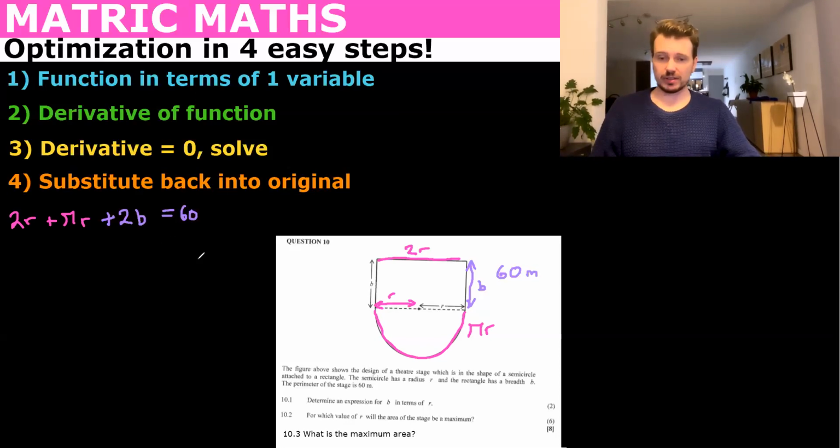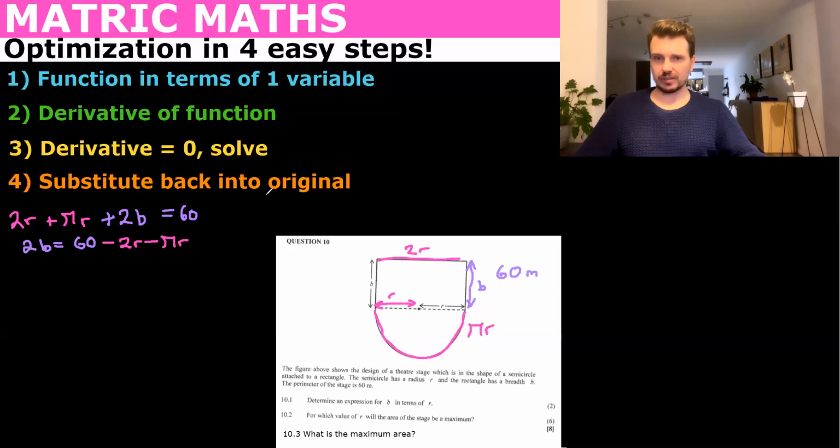Now, what they want is they want b in terms of r, so only b. So what we can do is we can say 2b equals 60, we're going to take the r's across, so we can say minus 2r minus pi r.